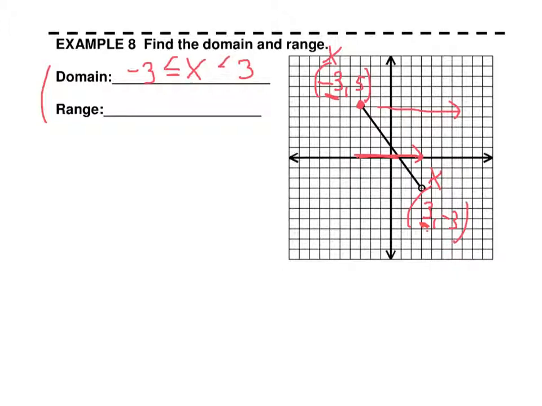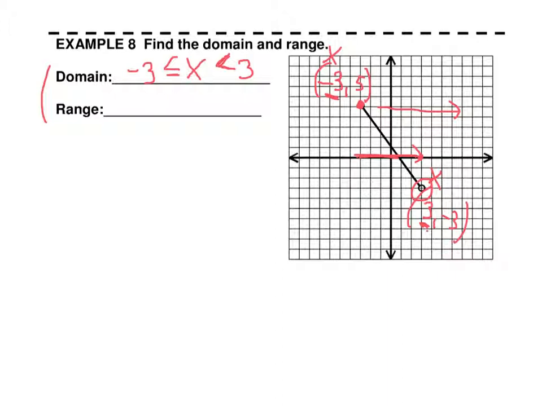So the symbol that you would use at the other end is a less than symbol. So not equal to, just less than. So the way you read this is x is greater than or equal to a negative 3, but less than a positive 3. All right, let's try the range.